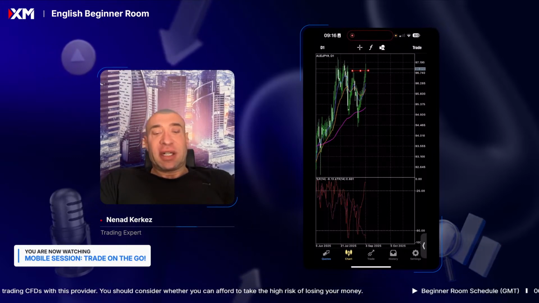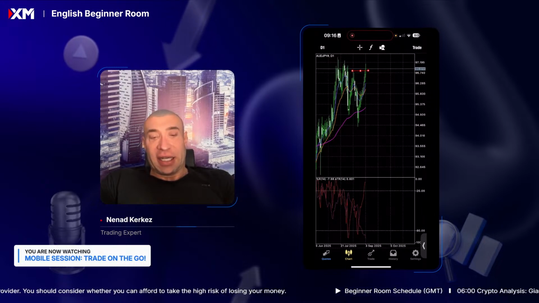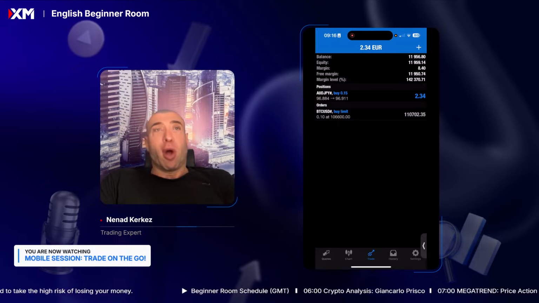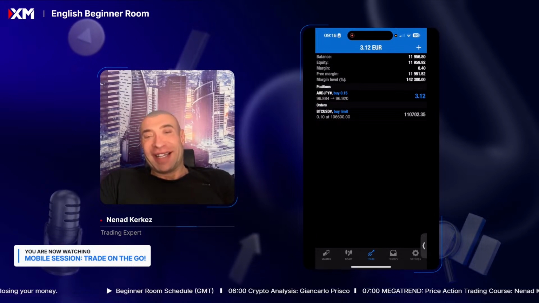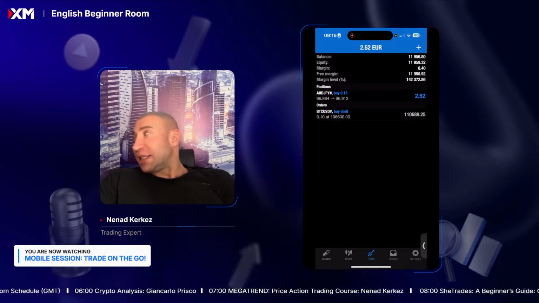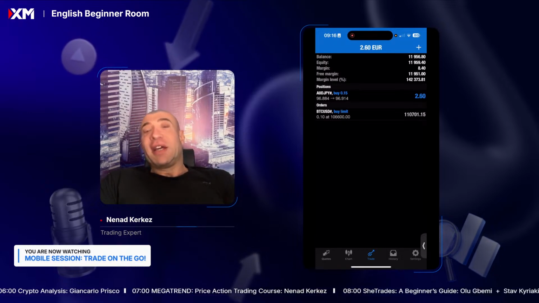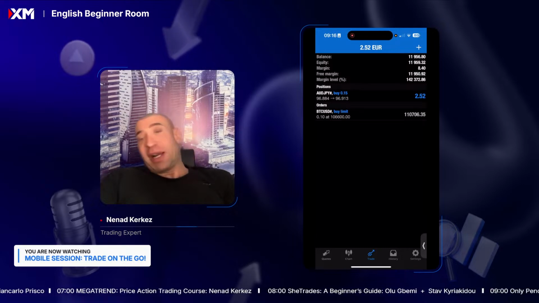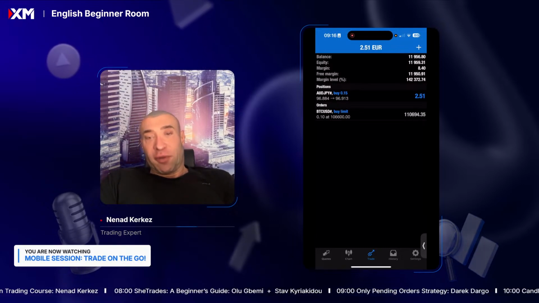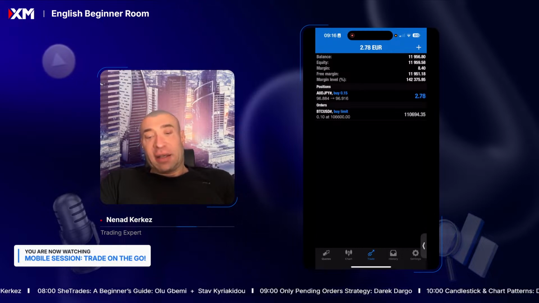Because many traders are concerned about the entry, the actual entry. But the actual entry is the least of the problems you will be facing. Of course, providing that you have a good trading system. Like Hero. Hero is the best price action trading system, guys. I have every proof that it's profitable.